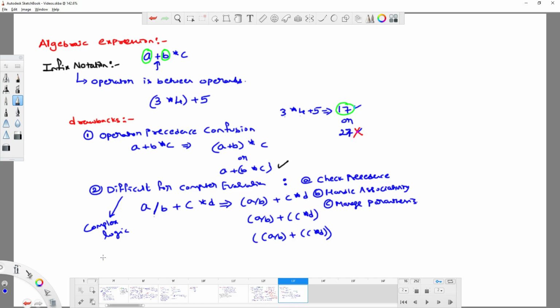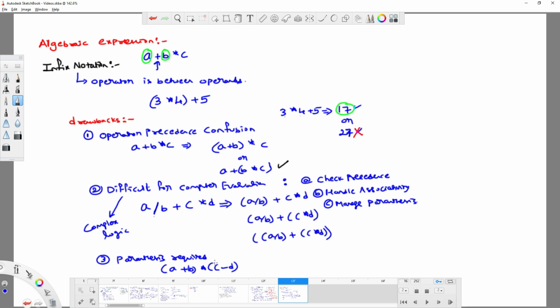And one more thing. If I am given some infix expression, it will be difficult to process. In order to make it somewhat simpler, it is better to provide some parenthesis, like A plus B into C minus D, and then this is somewhat easy for us.